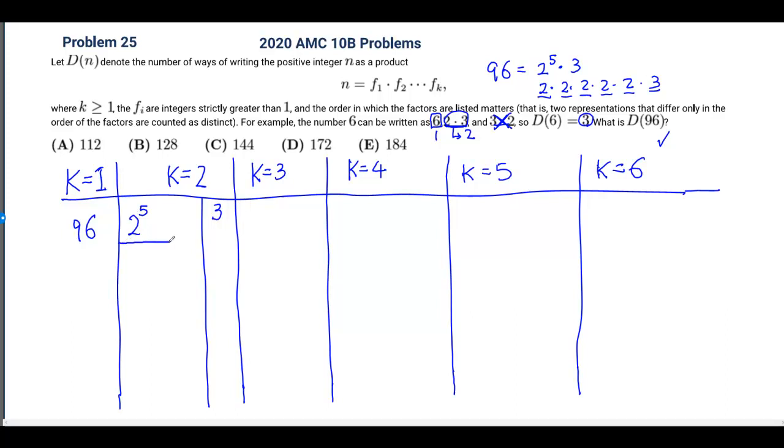Now for the second one, we keep the 3 and a 2, so we have only 2 to the 4th power left. Keep going: the next one is 2 to the 3rd power, 2 to the 2nd power, 2 to the 1st power. In this case, this is 2 to the 4th power times 3. How many cases over here? 1, 2, 3, 4, 5.